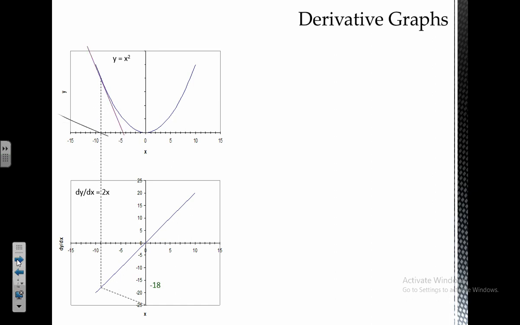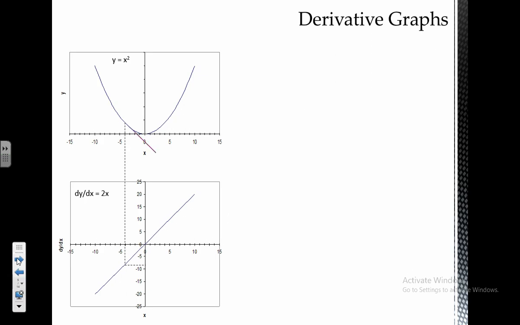If we look at the slope at x equals -9, okay, our slope is -18. So on our derivative graph, we have the coordinate (-9, -18), because -18 is the slope at -9. If we look at x equals -4, our slope is -8.